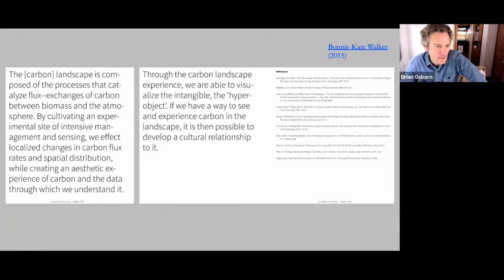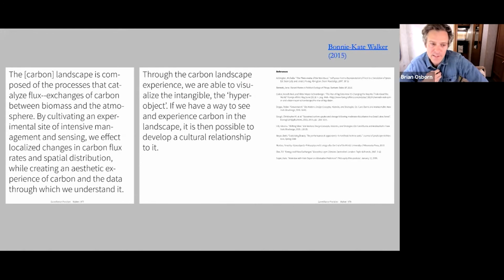She's saying that the carbon landscape is composed of the processes that catalyze flux or exchanges of carbon between biomass and atmosphere, and that by cultivating an experimental site of intensive management and sensing, we can affect localized changes in carbon flux, rates and spatial distribution, while creating an aesthetic experience of carbon and the data through which we understand it. And she thought that through this carbon landscape experience, we're able to visualize the intangible.